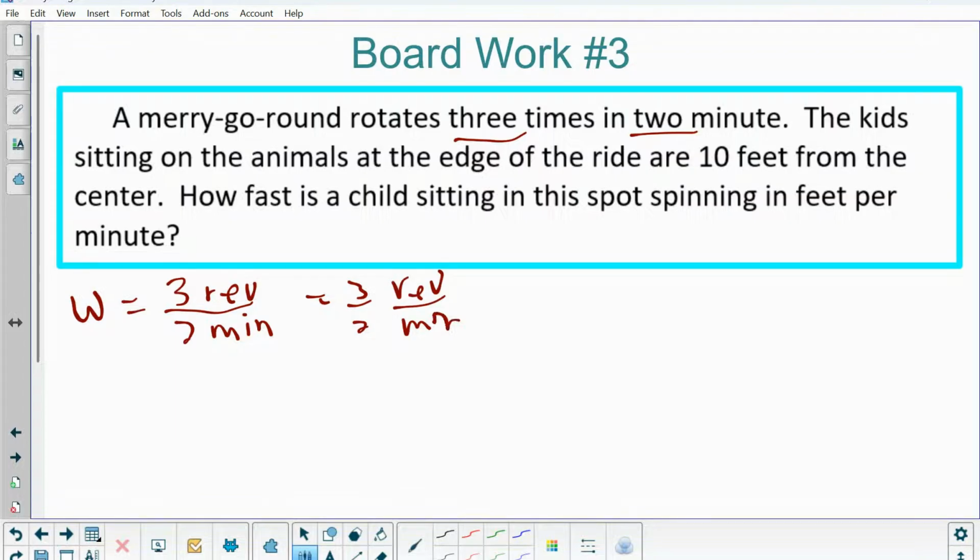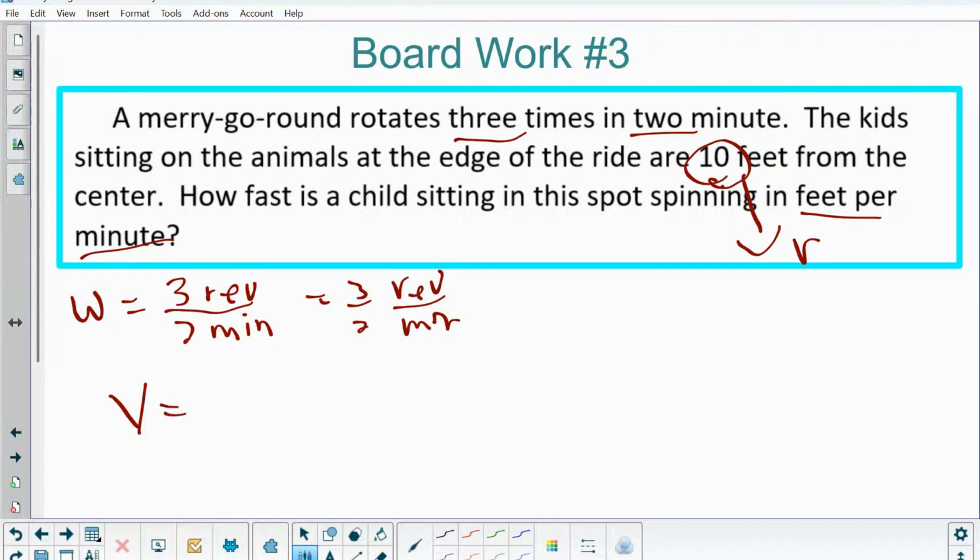Or 1.5 revolutions per minute, if that makes you happy. The kids sitting on the animals at the edge are 10 feet from the center, so that's your radius. How fast is the child spinning in feet per minute? So this one has way fewer dimensional changes because everything is already in feet per minute. So this is a lot easier than the last problem.